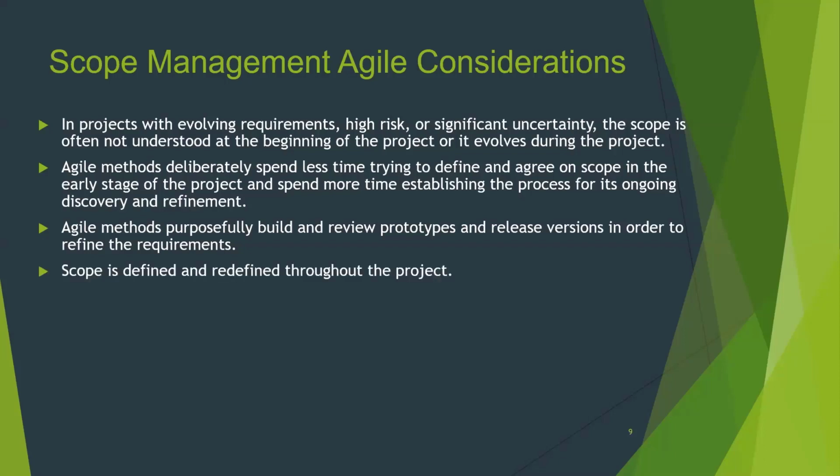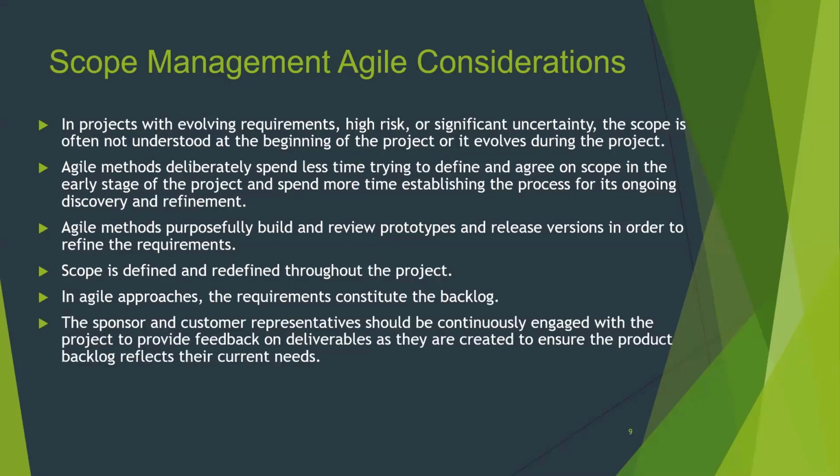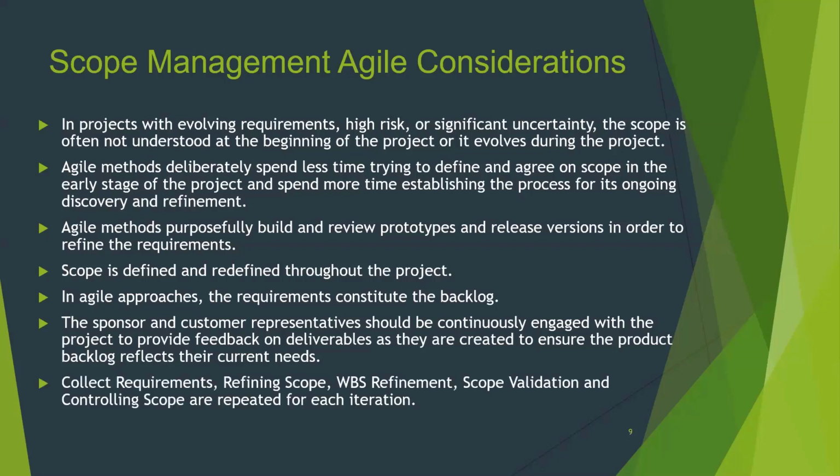Scope is continuously defined and redefined throughout the course of the project. Requirements, as we mentioned, constitute the backlog and are maintained in what's called the product or requirements backlog. Ideally, the sponsor and or customer representative are continuously engaged in the project, constantly providing feedback on the deliverables as they are created to ensure the product backlog reflects their current needs.